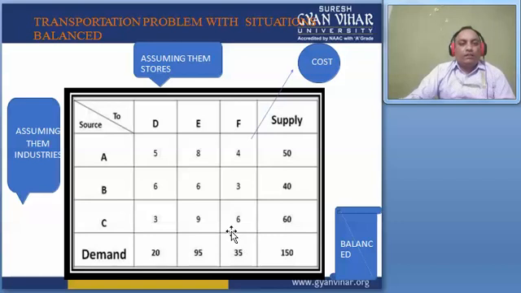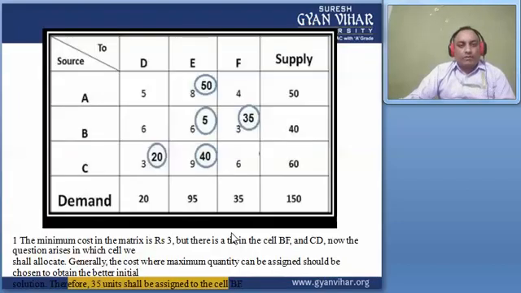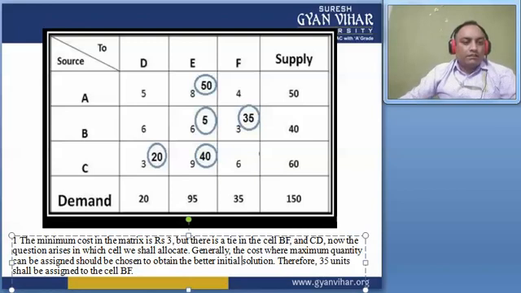For the solution of this problem, here you first take the minimum cost, not the least quantity. Suppose in the description the minimum cost in the matrix is rate 3.